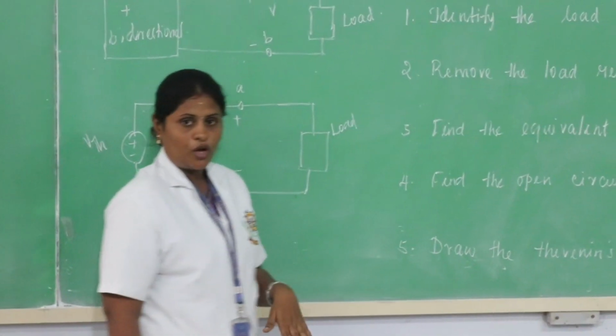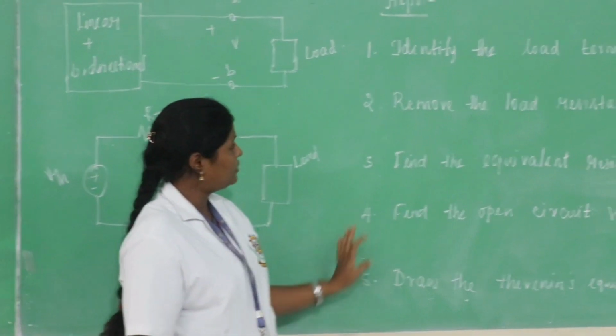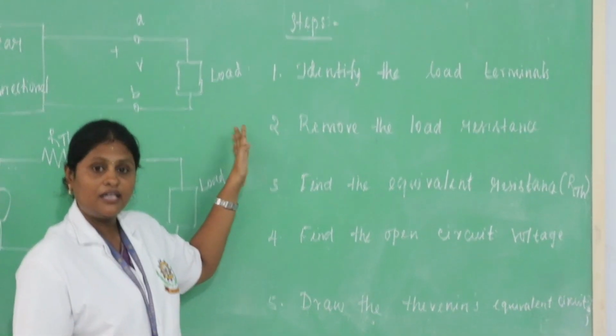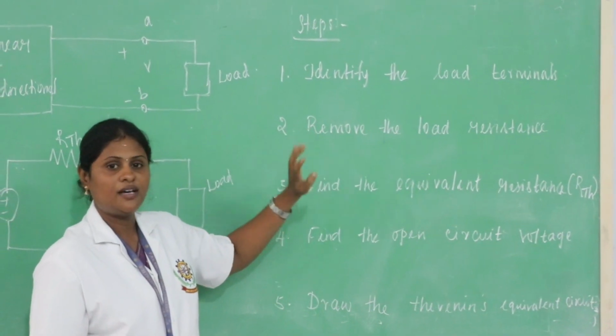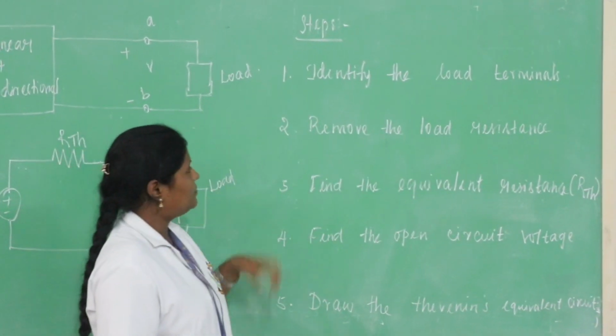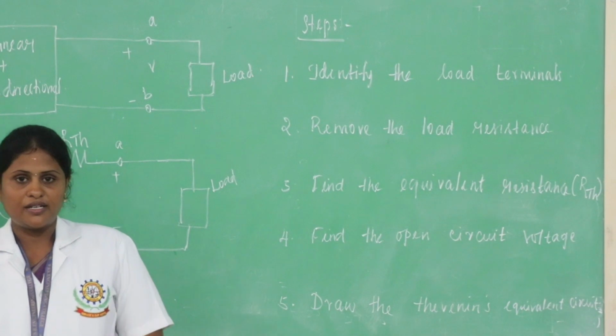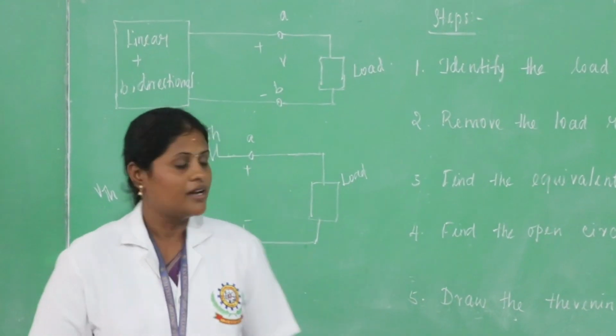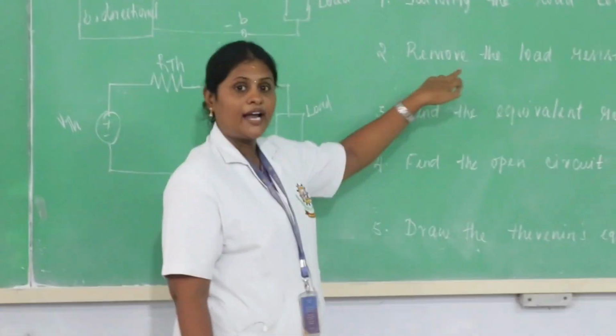Before entering into the problem, first we will discuss the steps for solving electrical networks using Thevenin's theorem. The first step is to identify the load terminals. In a circuit, the load terminals are first identified. The second step is to remove that load resistance.